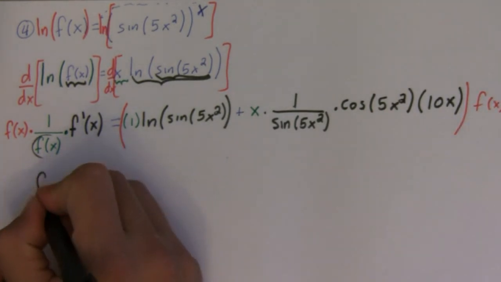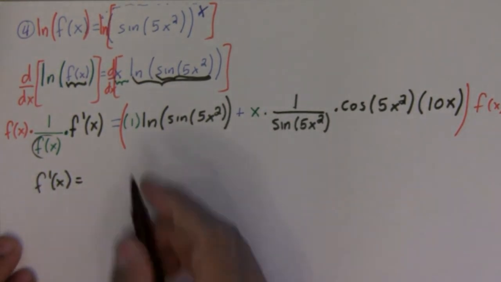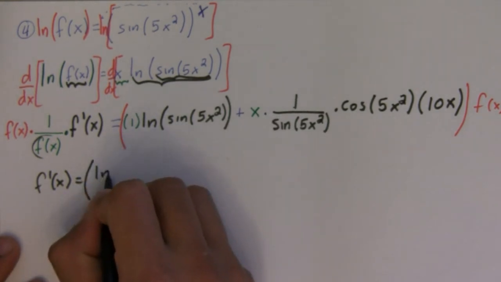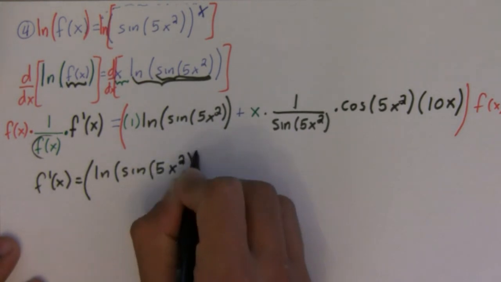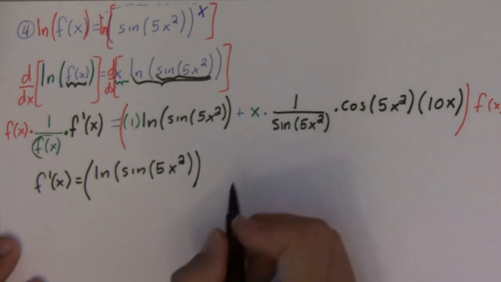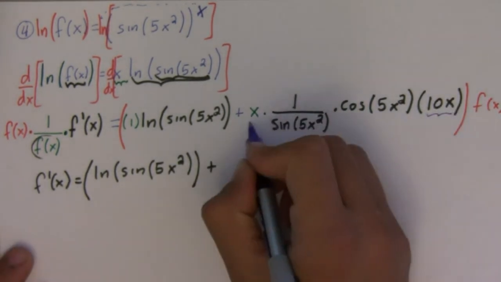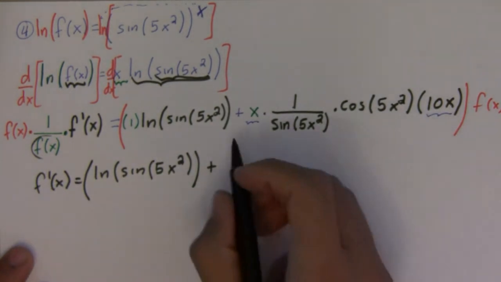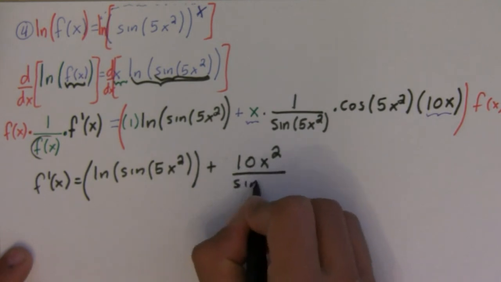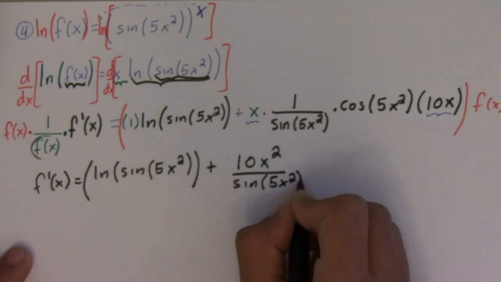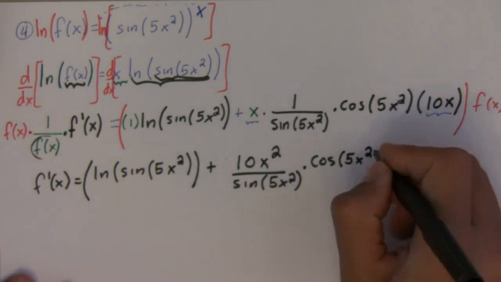So then what I have is that f prime of x is equal to, I'm just going to clean this up a little bit, natural log of sine of 5x squared plus, here I'm just going to combine this 10x and this x here, those combine to be 10x squared over sine of 5x squared times cosine of 5x squared.